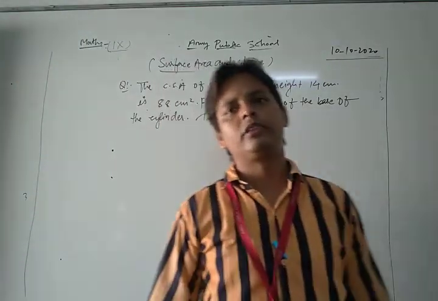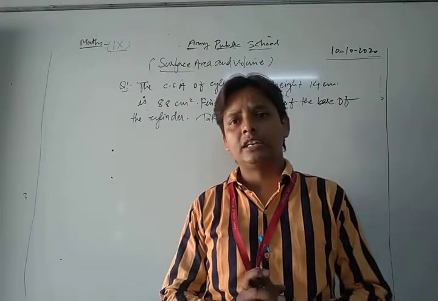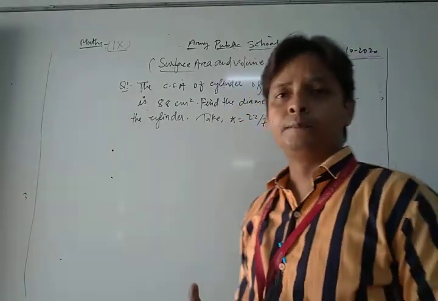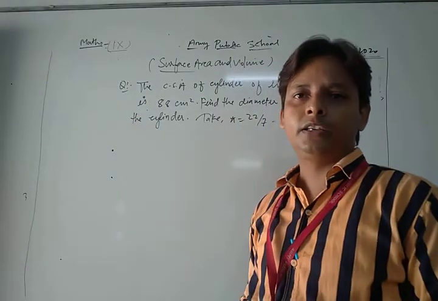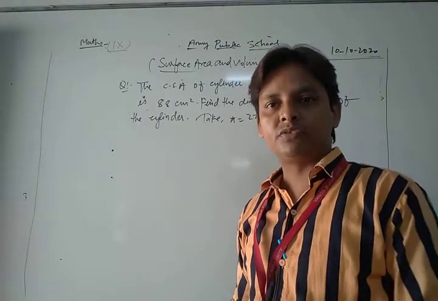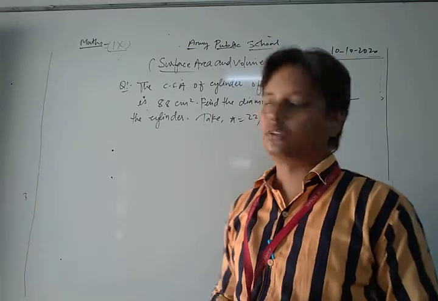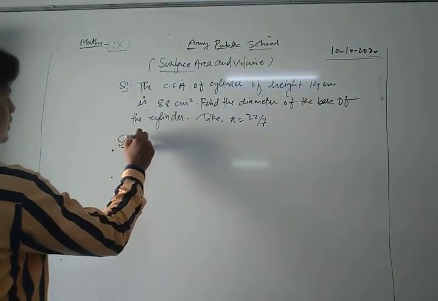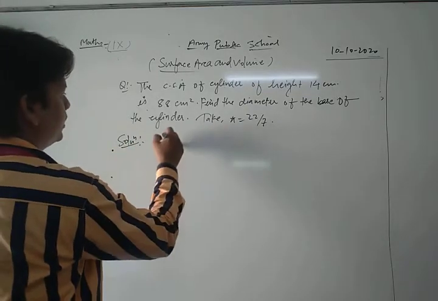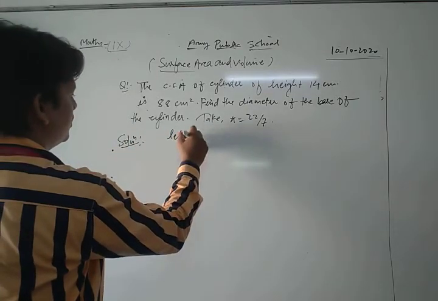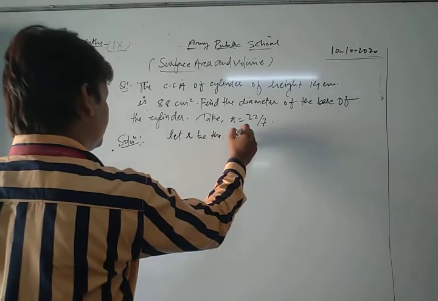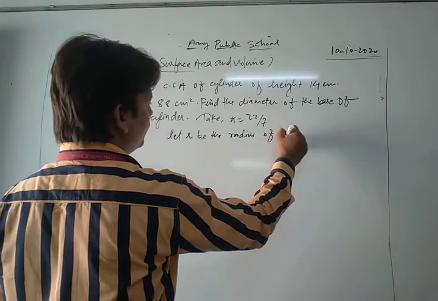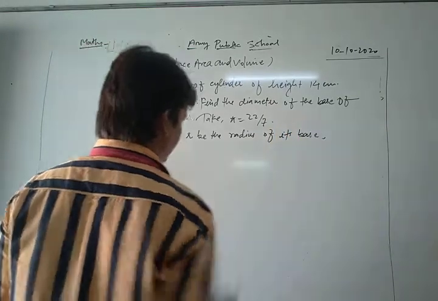Dear friends, you know very well that the diameter of the base of the cylinder is just double the radius of its base. So first of all we find the radius of the base, then we multiply it by 2 and hence we get the value of the diameter of the cylinder. Now let's see its solution. First of all, let r be the radius of its base.